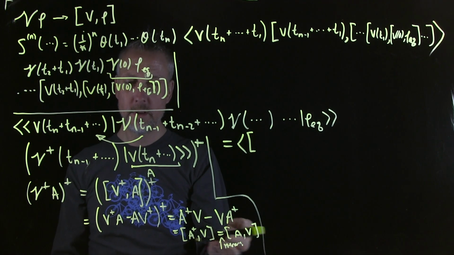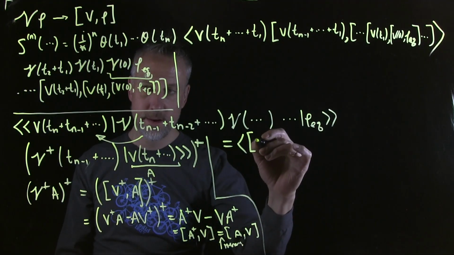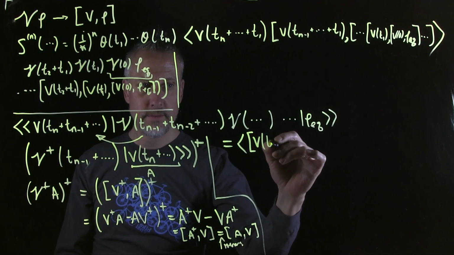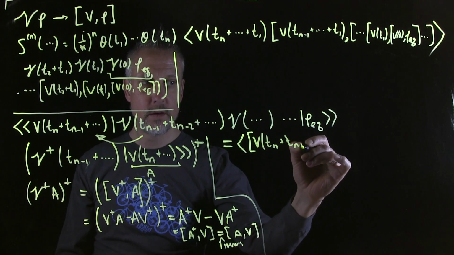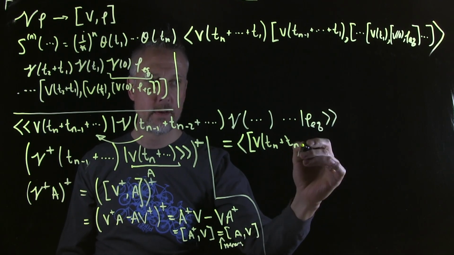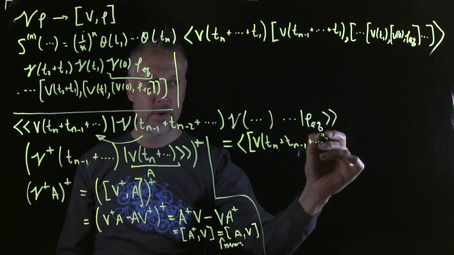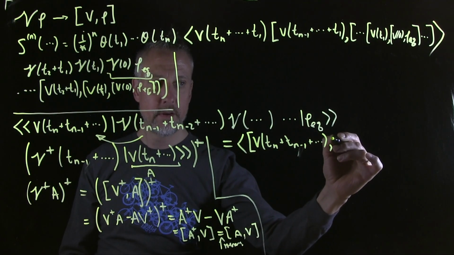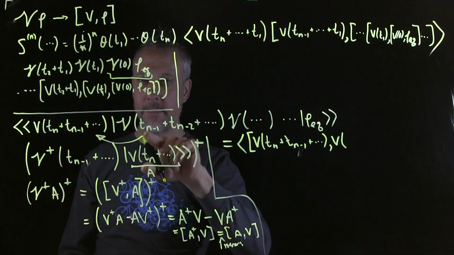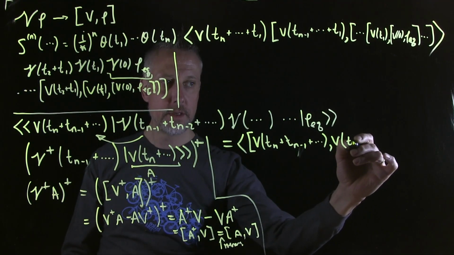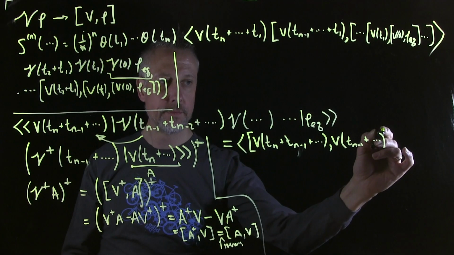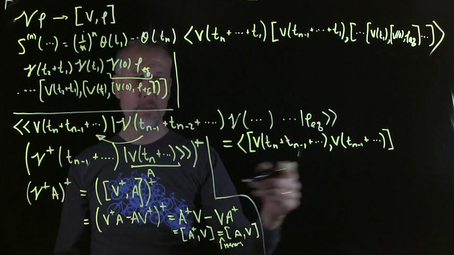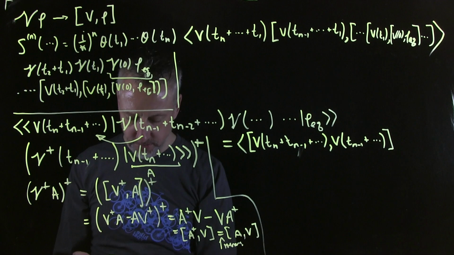The A is playing the role of this V. This V is from the script V. So we have V Tn plus Tn plus minus 1, and so on, commuting with V Tn minus 1. So that becomes the first term.